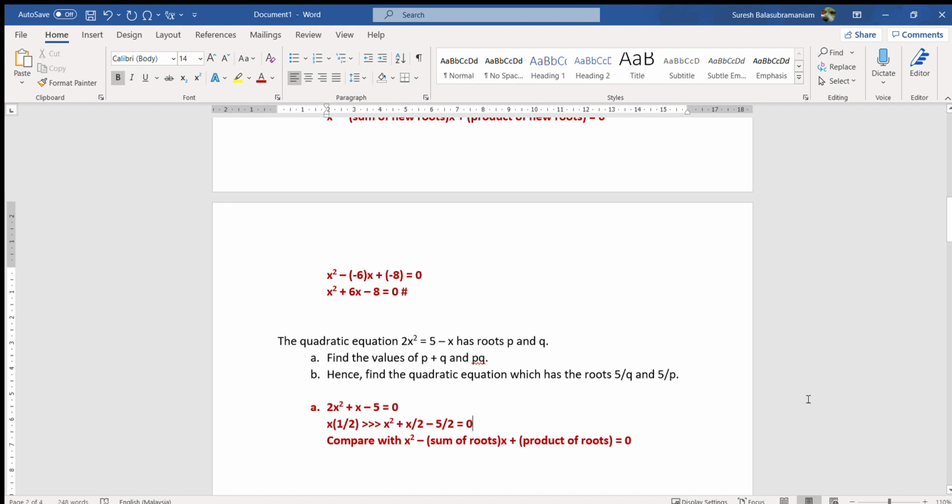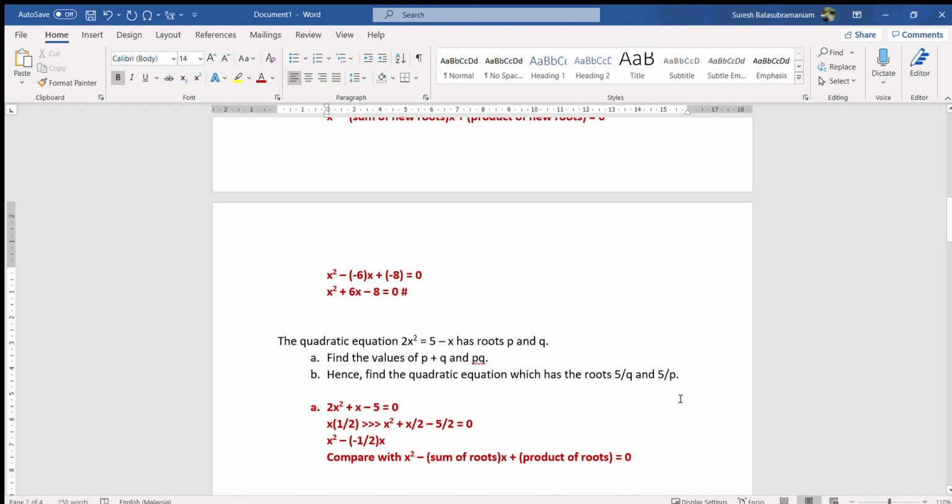So I will modify the equation a little. I'll make x square, I'll put a negative, and also I'll open a bracket, I'll put a negative again inside, so I'll put 1 over 2 and the x outside.